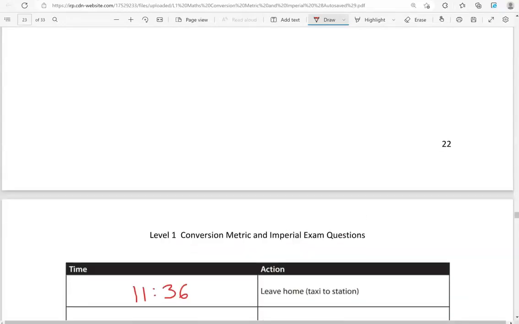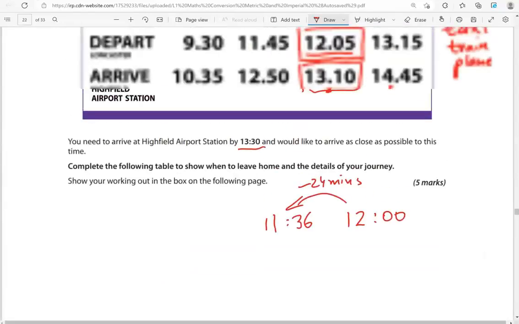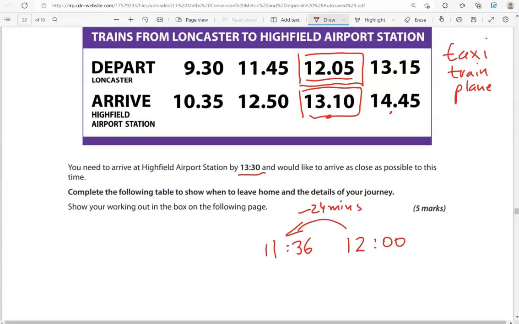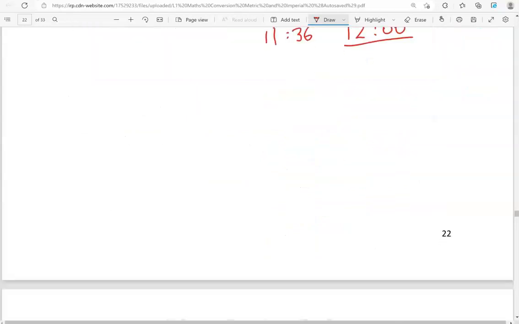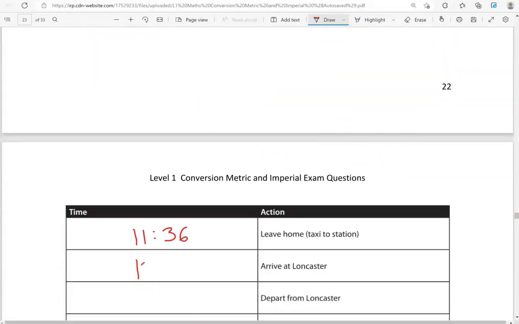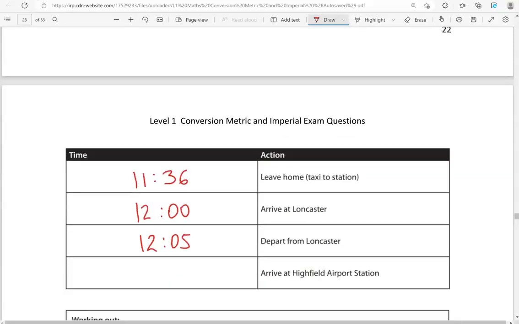Arrive at Lancaster, that will be at 12:00. Depart from Lancaster, that's 12:05.